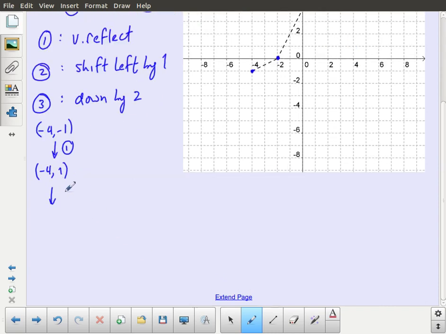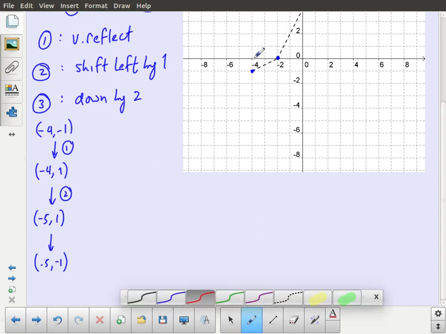What does my second transformation do? Second transformation shifts left by 1. That's going to take negative 4 and turn it into negative 5, and the 1 stays the same. And then finally shift down by 2, negative 5, and then 1 down by 2 becomes negative 1. So negative 5, negative 1. You know what?